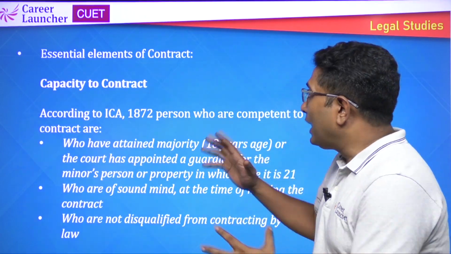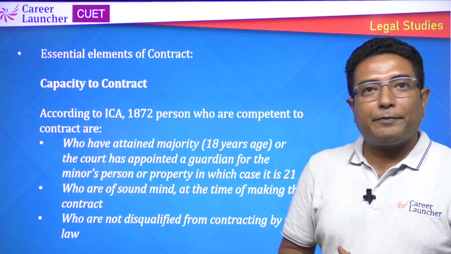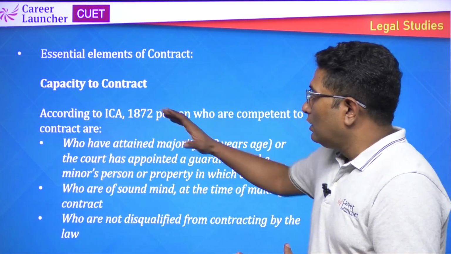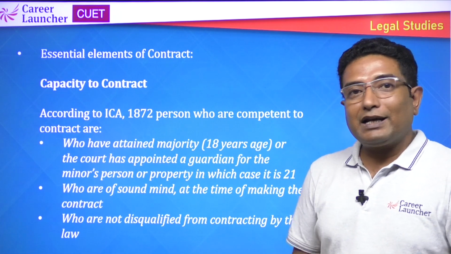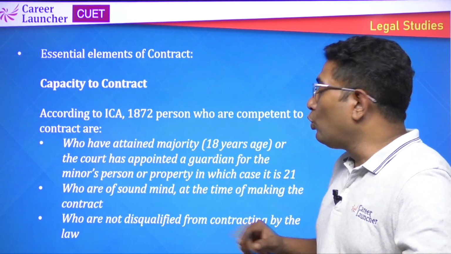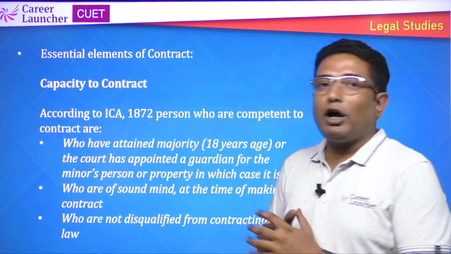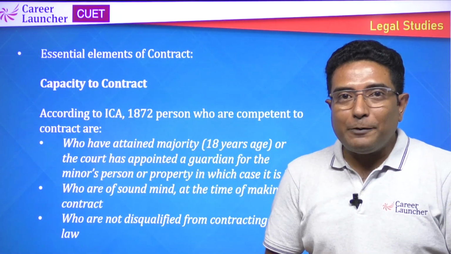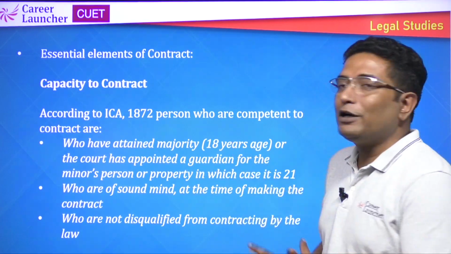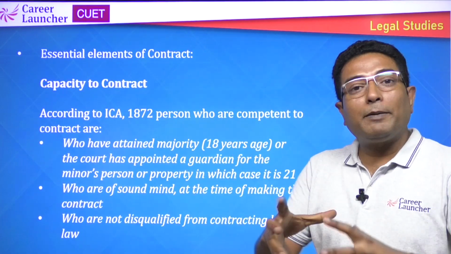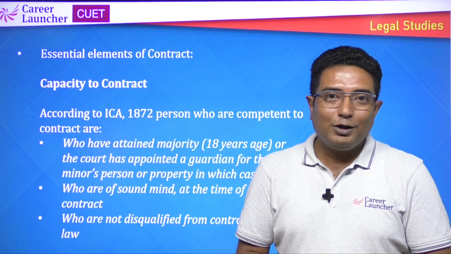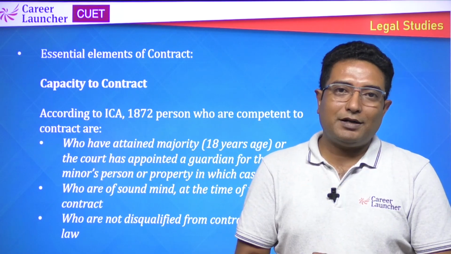So, who can enter into a contract? According to Indian Contract Act 1872, only the people who have attained majority, and in case of India, it is 18 years of age. तो जब आप 18 साल के हो जाते हो, तो आपको एक major consider किया जाता है.